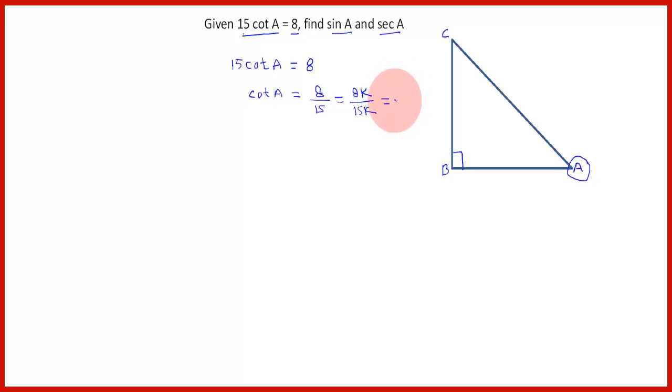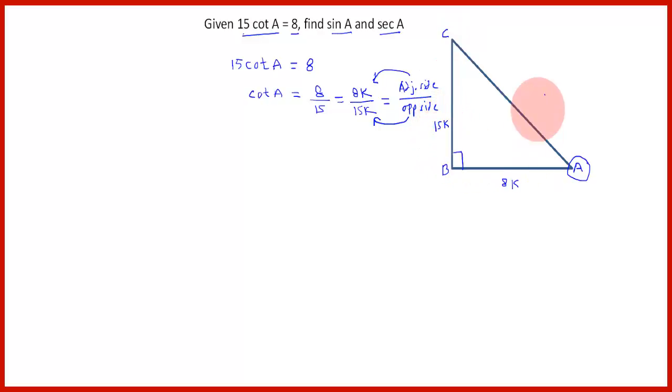Cot A is equal to adjacent upon opposite side, and therefore adjacent side will be 8k and opposite side will be 15k. So adjacent side is AB, so it is 8k, and opposite side is BC, so it will be 15k.